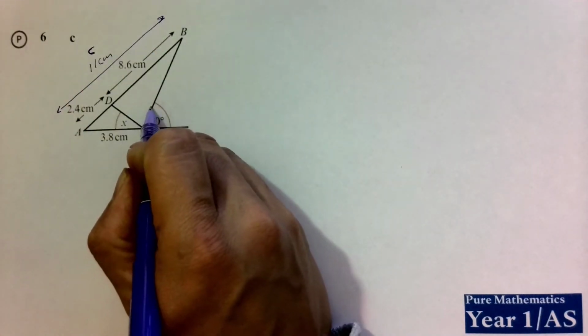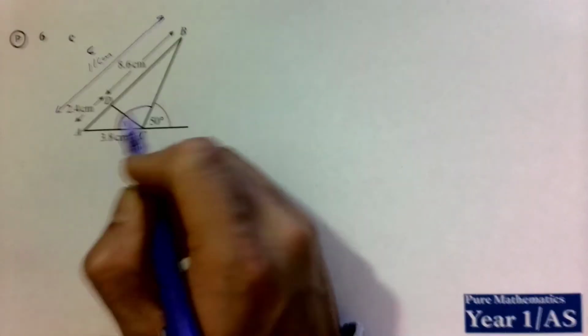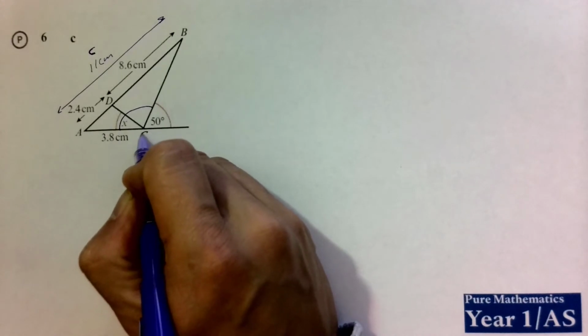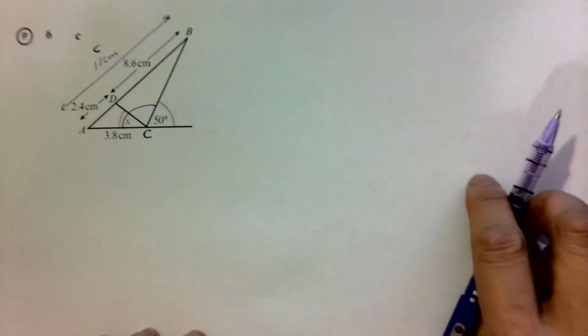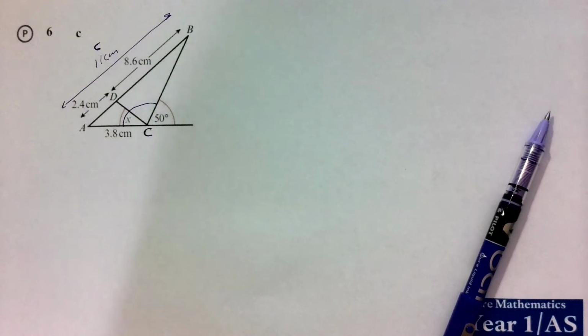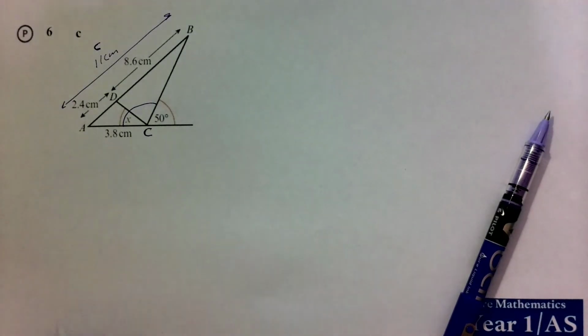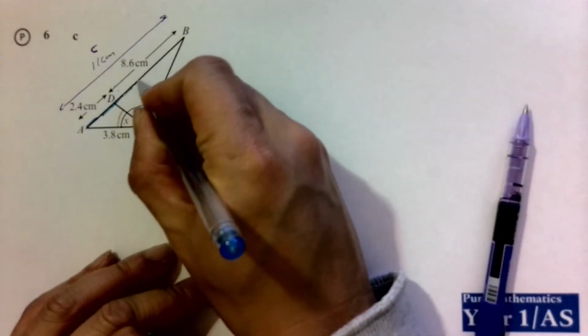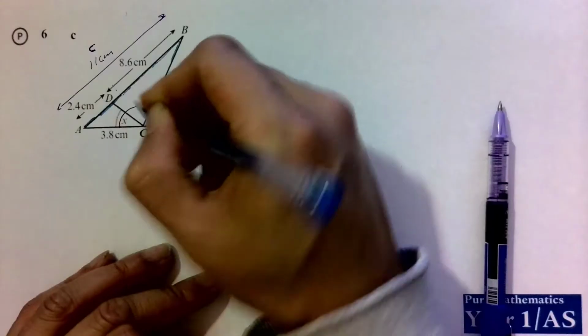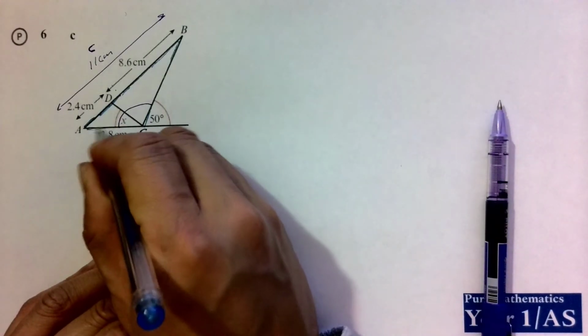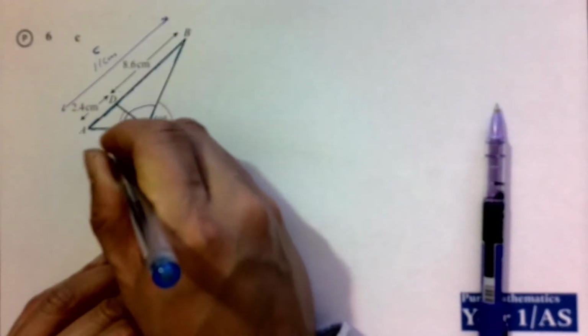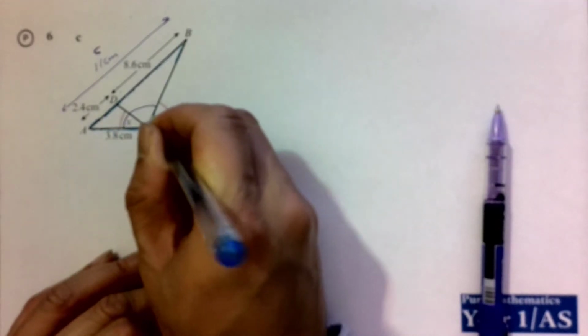Now we call this angle big C here. We will be using this triangle to start off with, the larger one in blue.